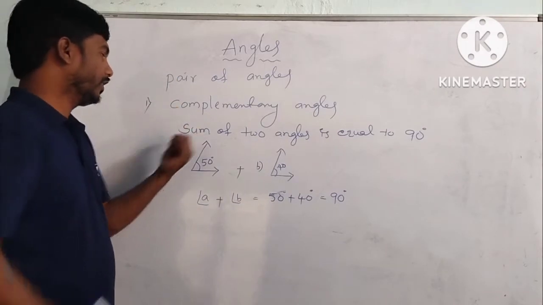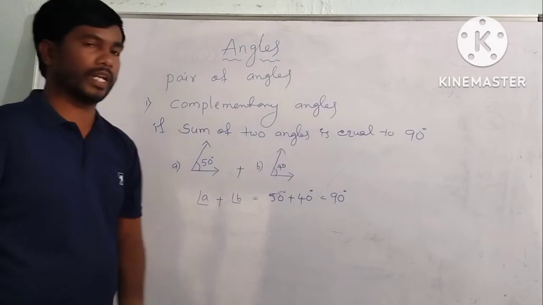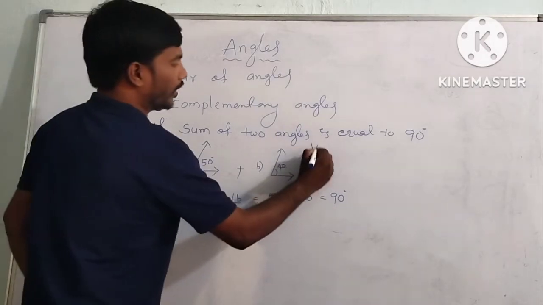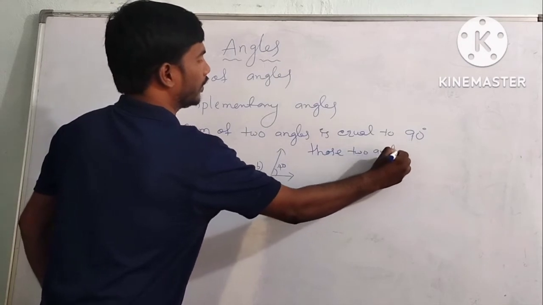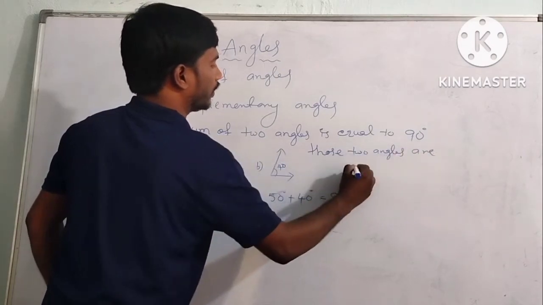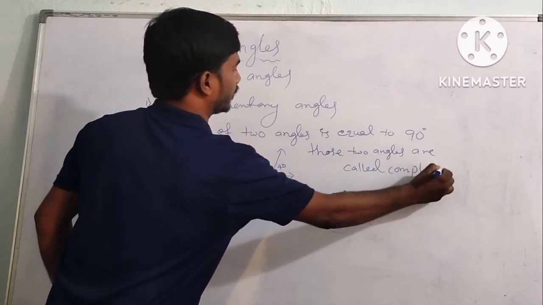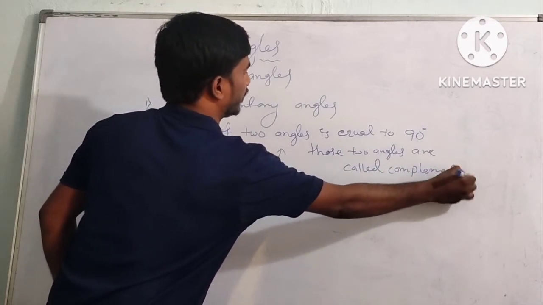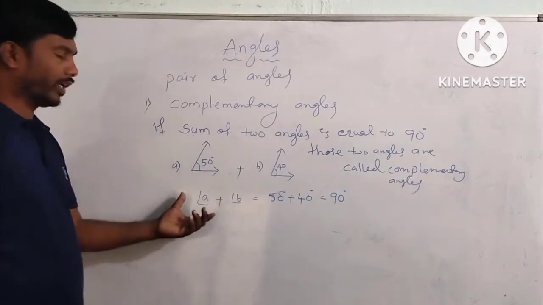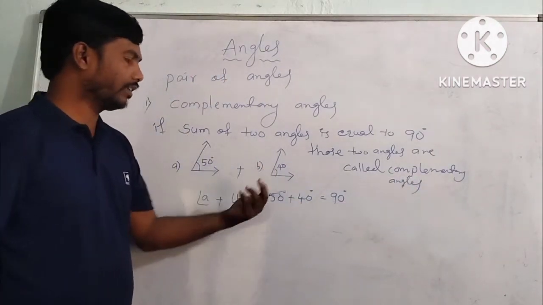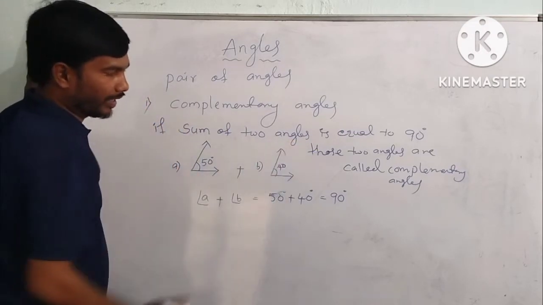So if the sum of two angles is equal to 90 degrees, those two angles are called complementary angles.